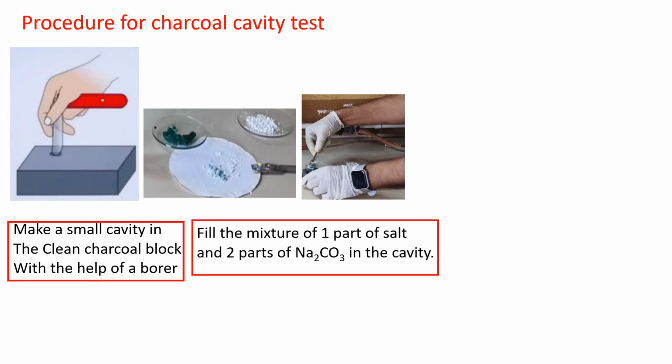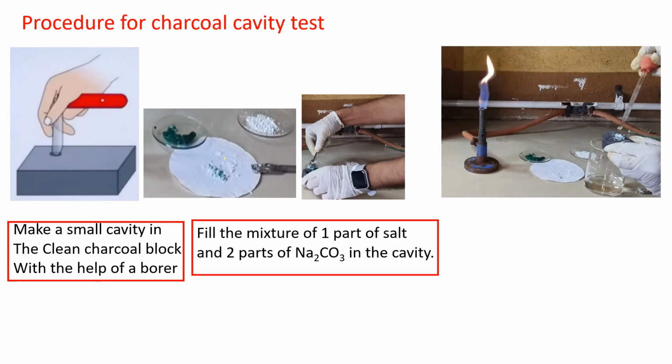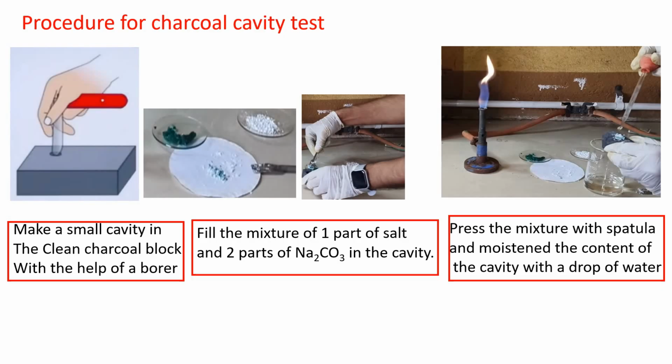So fill the mixture of 1 part salt and 2 parts sodium carbonate in the cavity. Then add 1 or 2 drops of water and press it with the spatula so that it will stick to the cavity and not fall down while heating. So press the mixture with the spatula and moisten the content of the cavity with a drop of water.